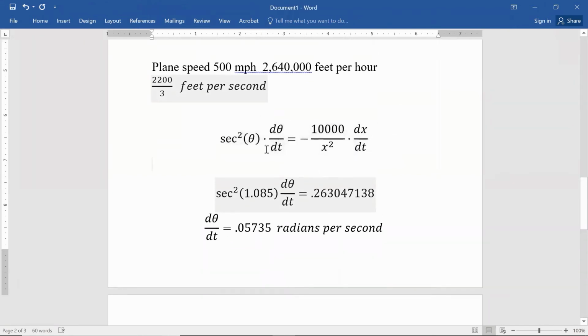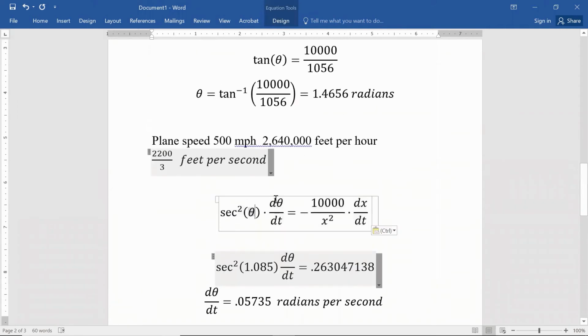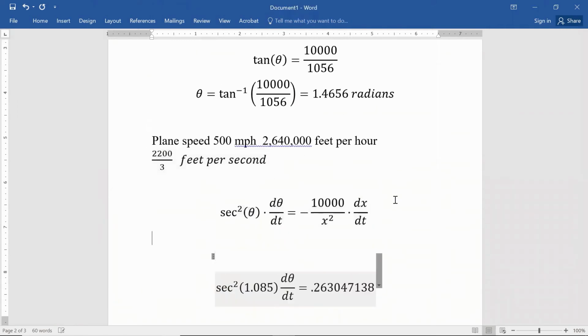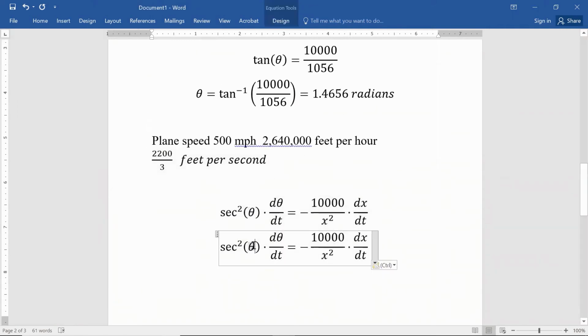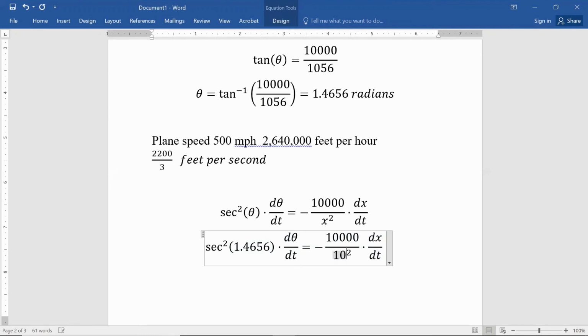So we're not dealing with this formula anymore. We're dealing with this one. The theta is 1.4656. The distance we are away is 1,056.